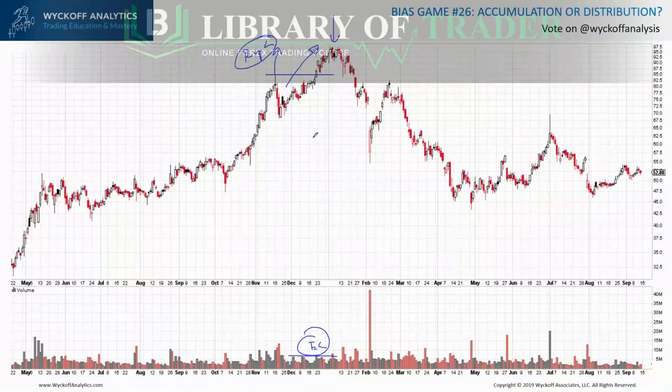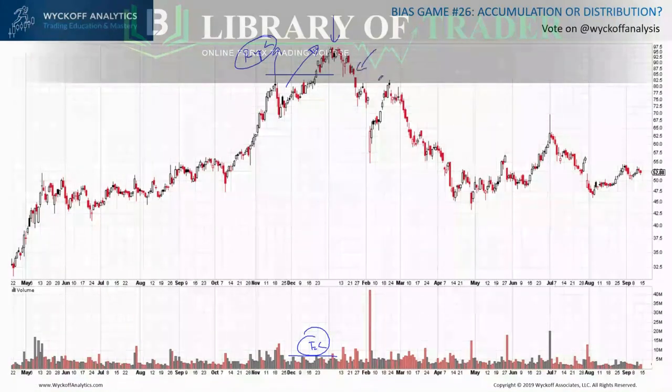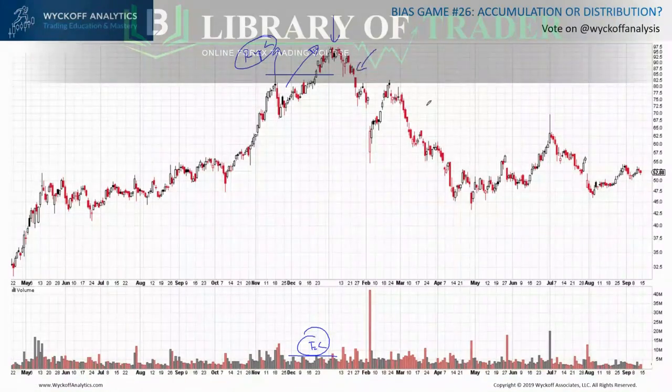It acts as a precondition to the signal. So what would be the signal itself? I think any type of sign of weakness action would act as a signal itself, and then a continuation of this downtrend will act as a confirmation.